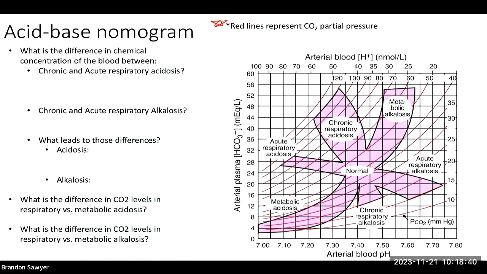And then we've got the x-axis, which is just the arterial blood pH. The y-axis is the plasma bicarbonate concentration. I don't know what letter you'd call that top axis, but the top here is the blood hydrogen ion concentration, which is obviously going to go very well with the arterial pH, so it's probably just like the secondary x-axis.